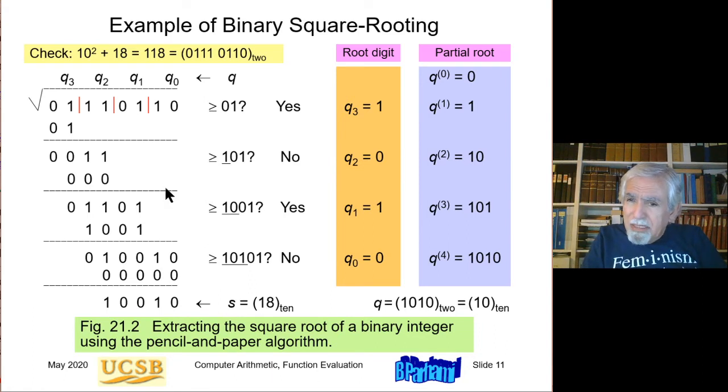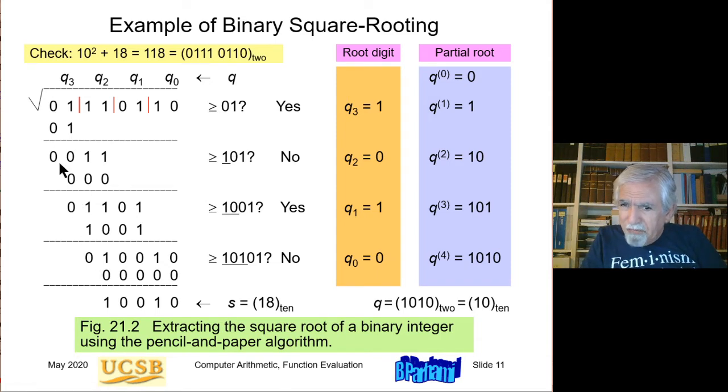Now, as in division, these variable shifts that you see here, this is a 6-bit shift, this is a 4-bit shift, this is a 2-bit shift. So these alignments are inconvenient, but we notice that each value relative to the previous one, so this 0, 1 compared to this 0, 0, 0 compared to 1, 0, 0, 1, is right shifted by 1 bit, looking at it from the left edge of the number.